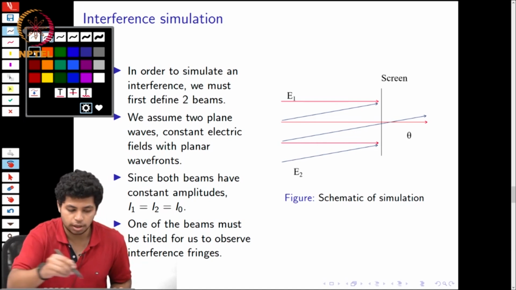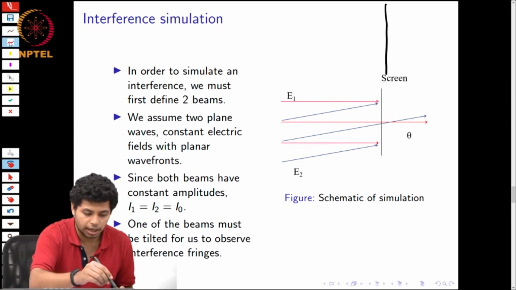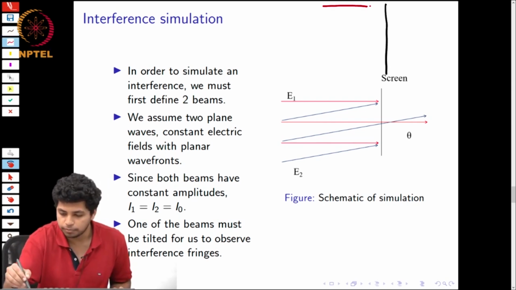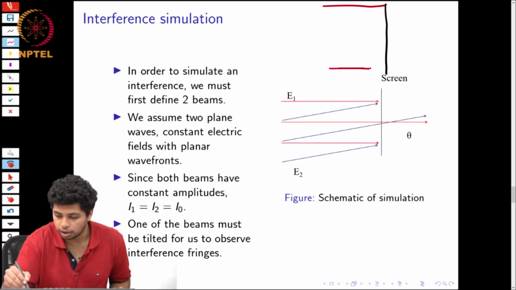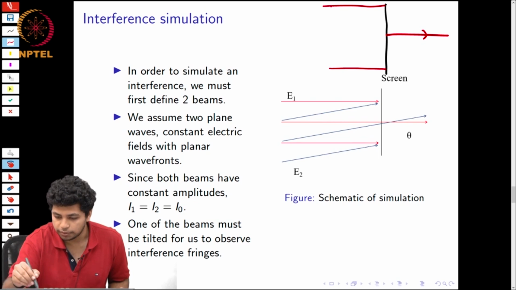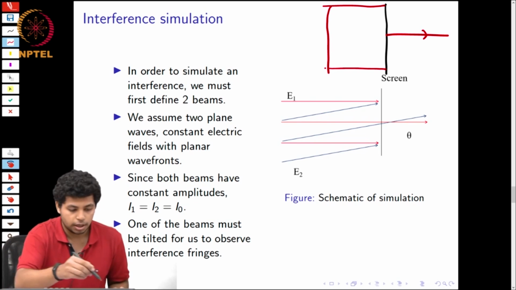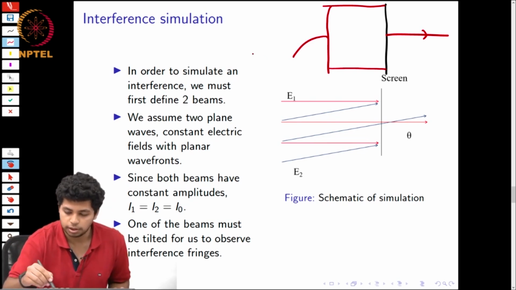So say we have a screen here, and we have one beam coming normal onto the screen, and the vector is like this. The wavefront is going to be perpendicular to the direction of propagation. So this is the wavefront.